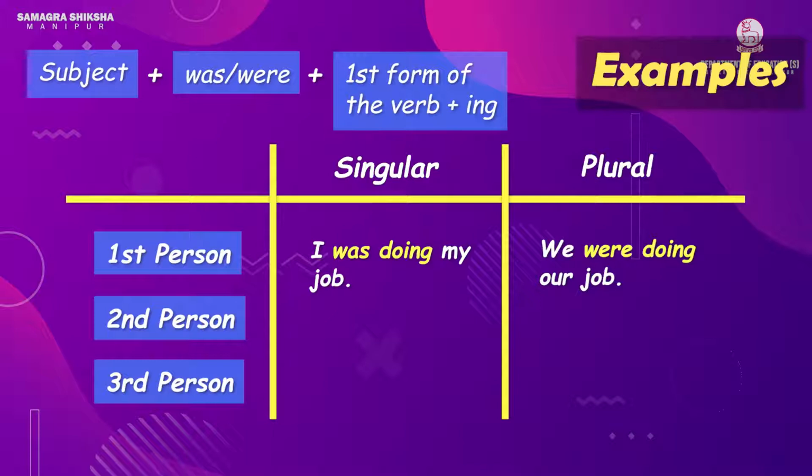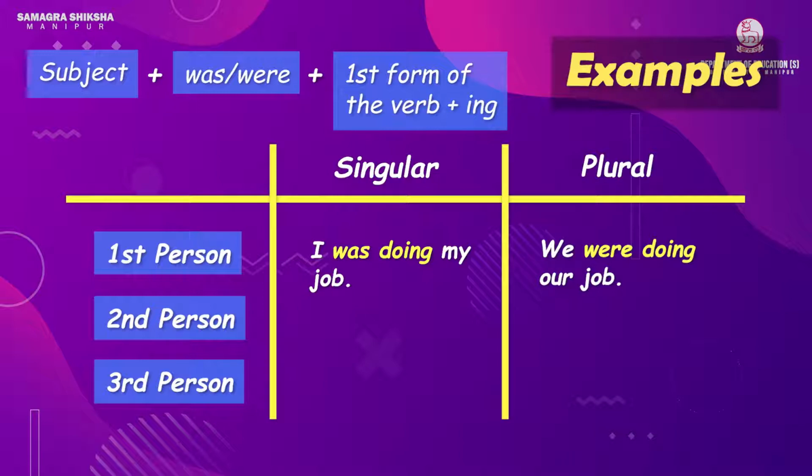So just like how we have done in the present continuous tense, here also we are using some helping verbs. In present we use is, am, are, and now in this case we will use was and were. So was for singular, were for plural. But there is one exception.